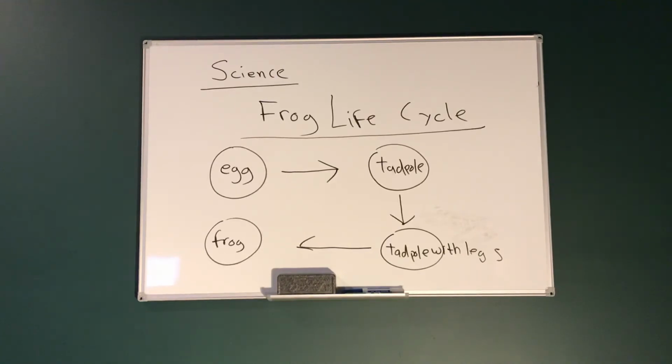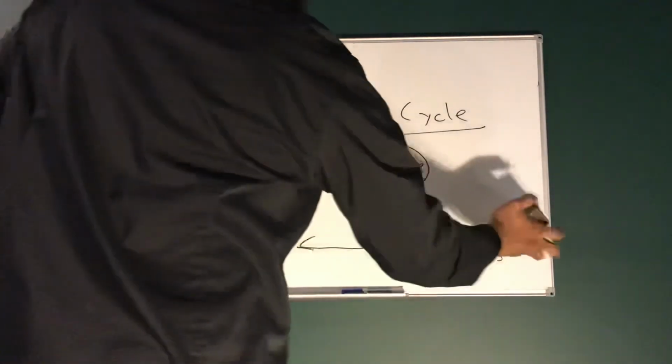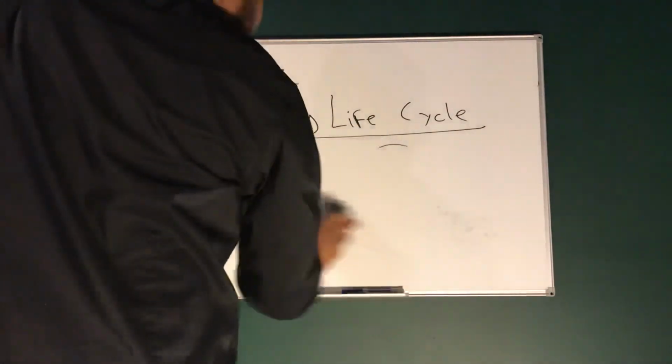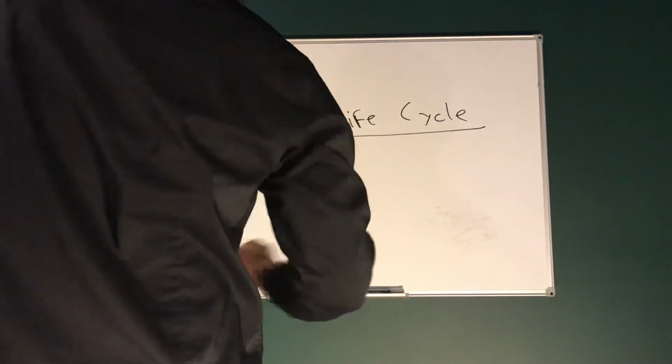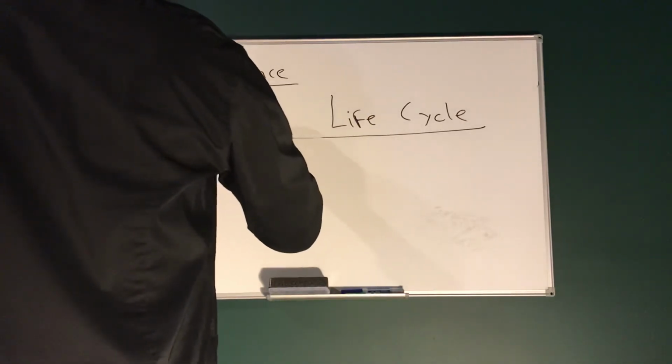Now, your assignment for science today is, since we've already done a mosquito and a frog, you are going to create, inside of Google Classroom, the life cycle of a butterfly.